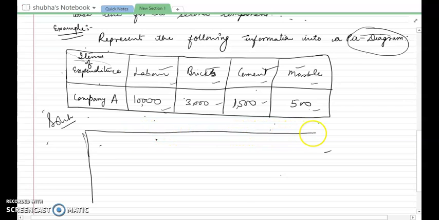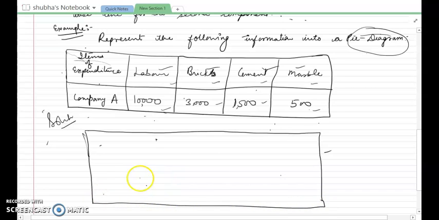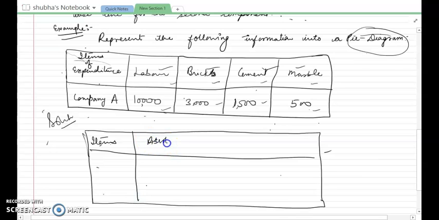We'll draw a table in which we'll convert it into percentages, right? How to convert it into percentages, I'll explain to you right now. Suppose this is items, absolute value of the product, percentage.